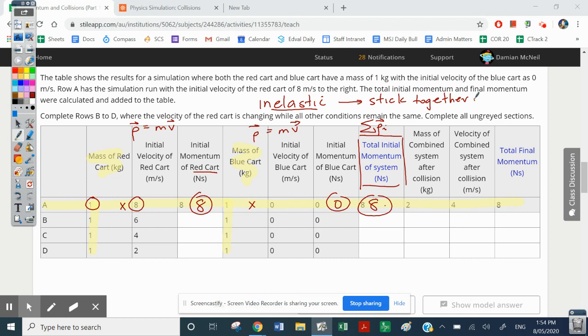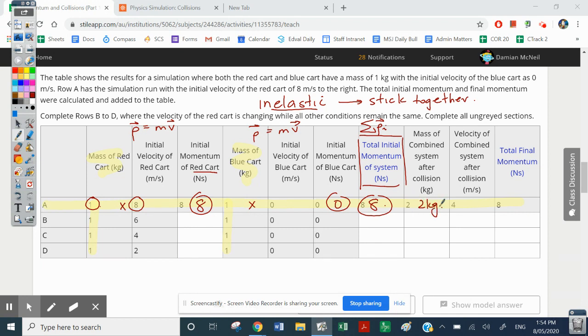If you take two objects like a car and a truck, they often get entangled when they collide, and they form one mass afterwards. So what's the mass of the combined system? Well, the red cart is 1 and the blue cart is 1 kilo. So the combined mass when they're stuck together is 2 kilograms.